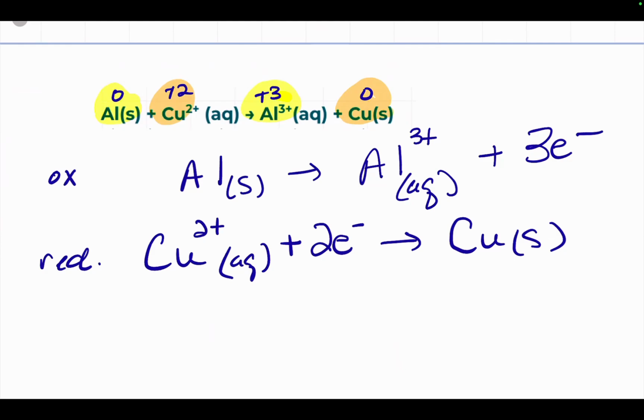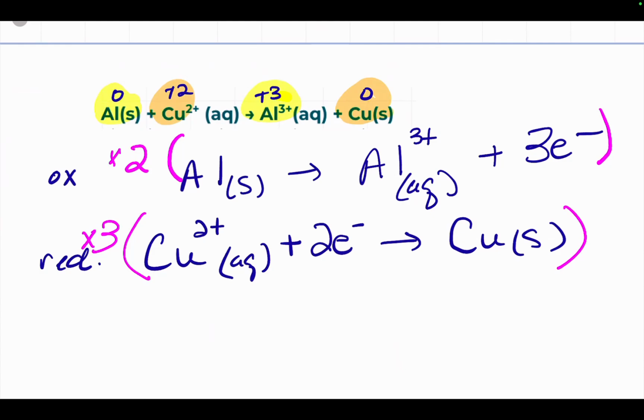If I want to write the net ionic equation, I am going to make my electrons equal. Electrons are conserved, so as many as are lost have to be gained. So you can see that we would have to multiply this reaction by 2 so that we have 6 electrons being lost, and this one multiplied by 3 so that we have 6 electrons being gained.